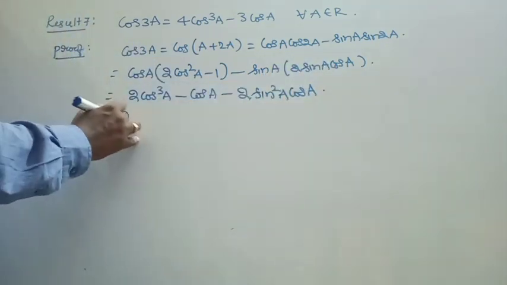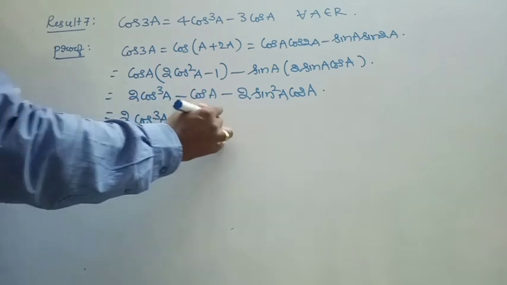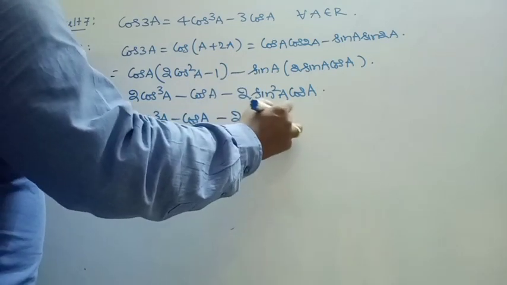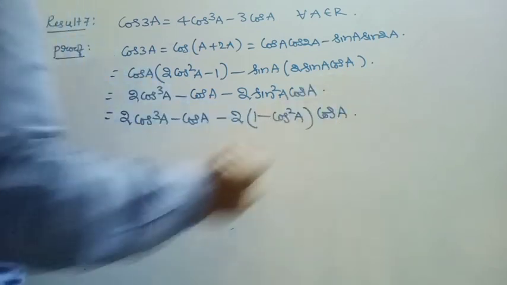Now this is equal to 2 cos cube a minus cos a minus 2 into sin square a, which is nothing but 1 minus cos square a, into cos a, like this.